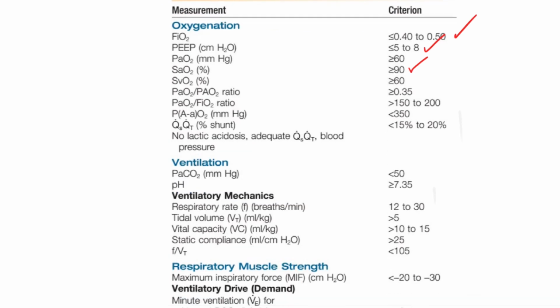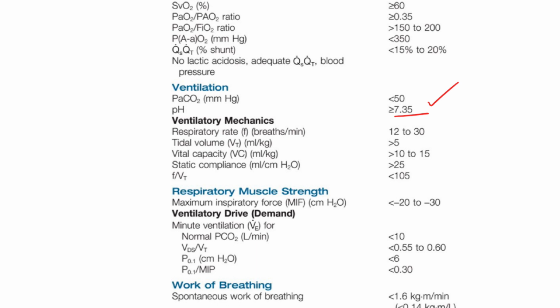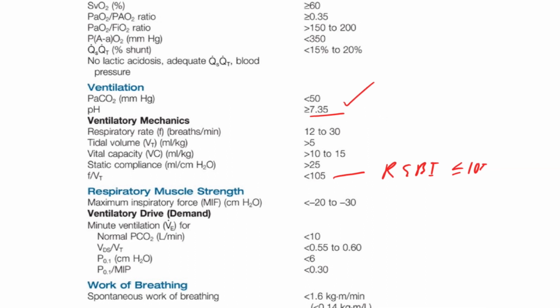We should see their CO2 within a fairly normal range, maintaining a reasonable pH. And this is where we do that rapid shallow breathing index, and that should be less than or equal to 105. Make sure you report that out.